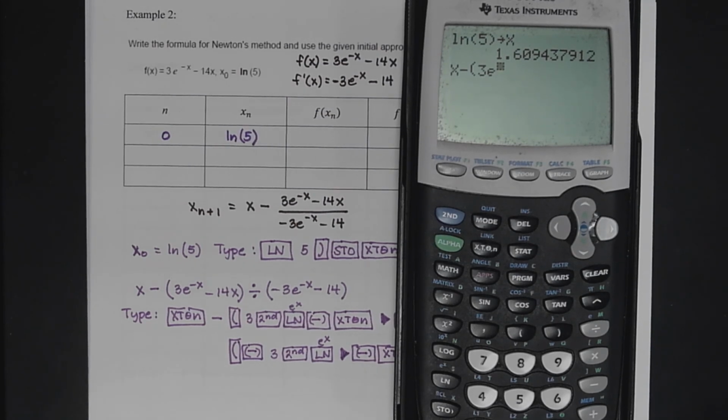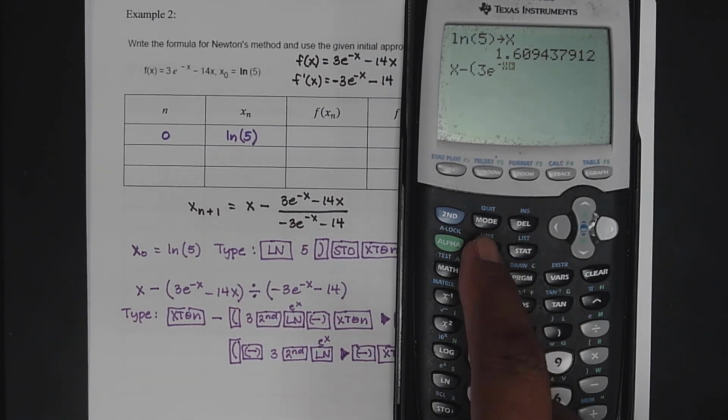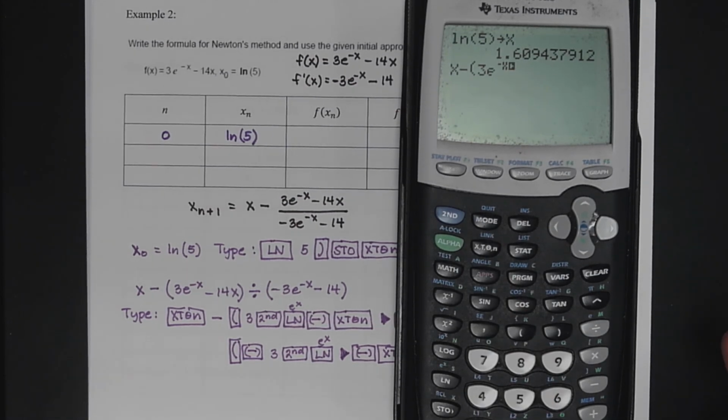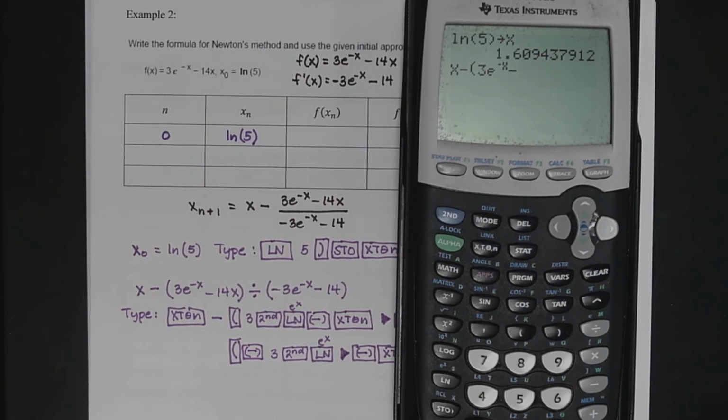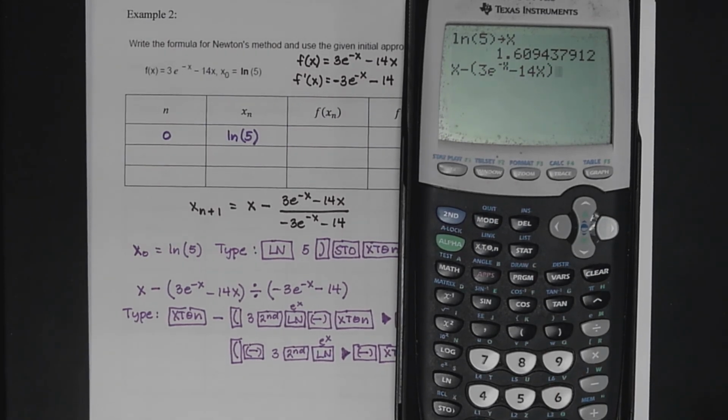Then you're going to press your negative key, and then x. You're going to use that right arrow key to get out of that exponential part, and then minus 14 X,T,theta,n for your x, and then close the parentheses.